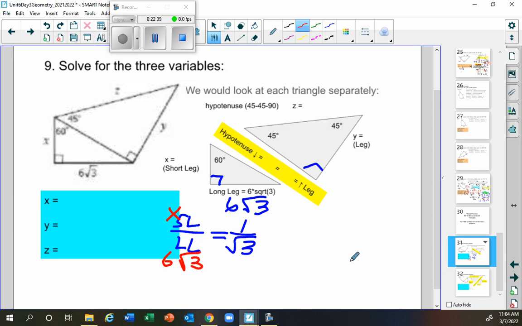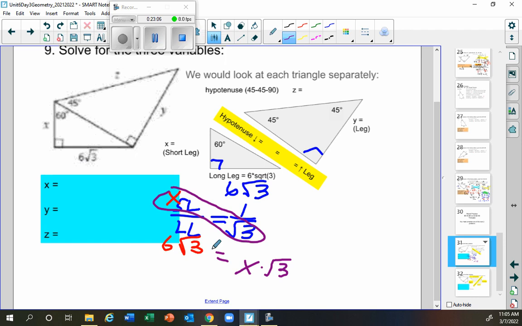Now do we have enough information to get the short leg? We do. Because now you're going to do your cross multiplication. Because x times square root of 3 is x times, and you're going to see why I'm doing this in a second.